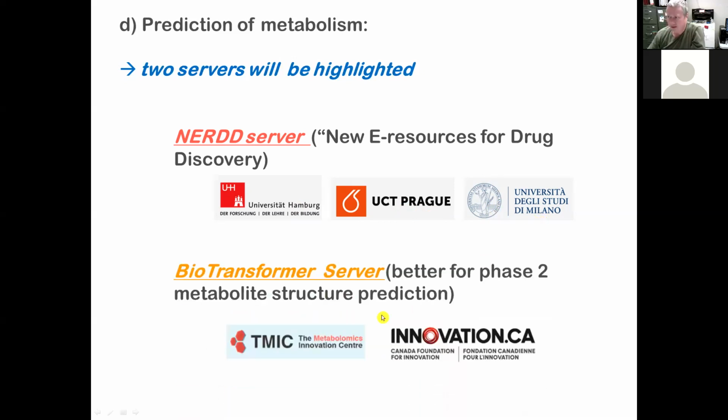And there's also something called the Biotransformer server. This seems to be better for phase 2 drug metabolism prediction. This is a project of the Metabolomics Innovation Center in Canada. It's been a little funny, so we'll see if it works for me. We're going to give it a shot.